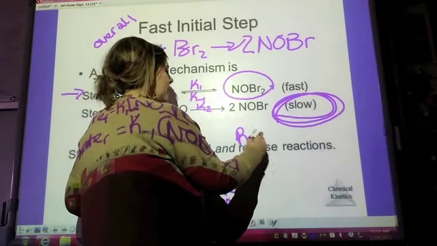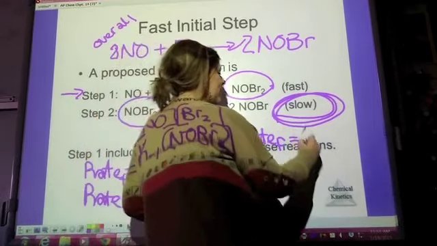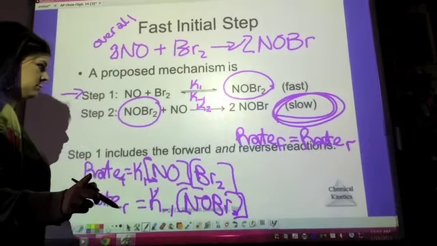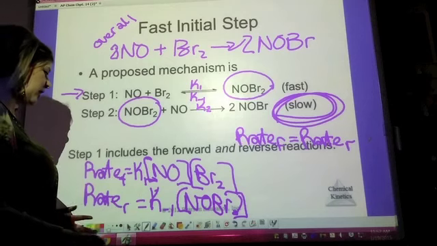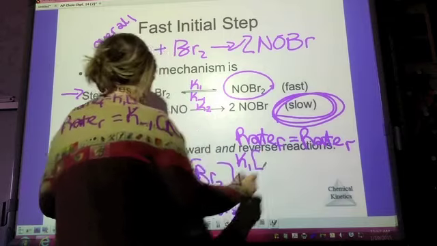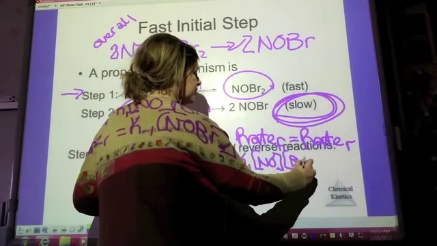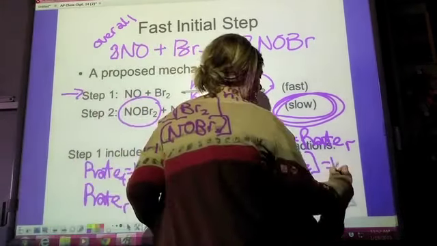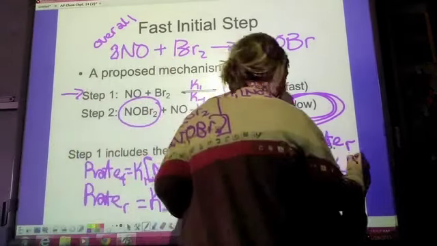So the rate of the forward has to equal the rate of the reverse reaction, which means I can set these 2 rate laws equal to each other. So K1 times the concentration of NO times the concentration of Br2 has to equal K-1 times the concentration of NOBr2.